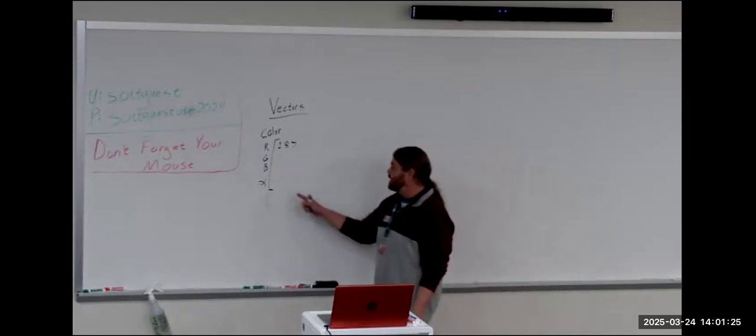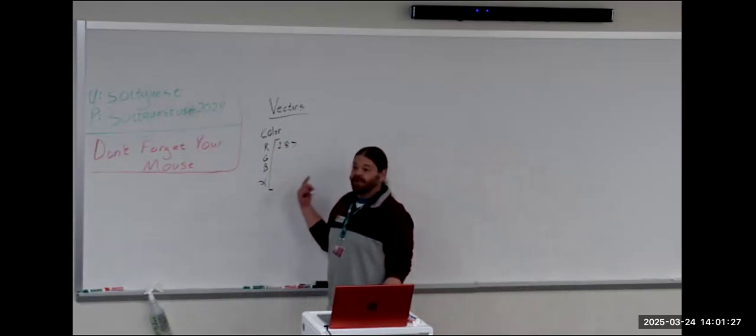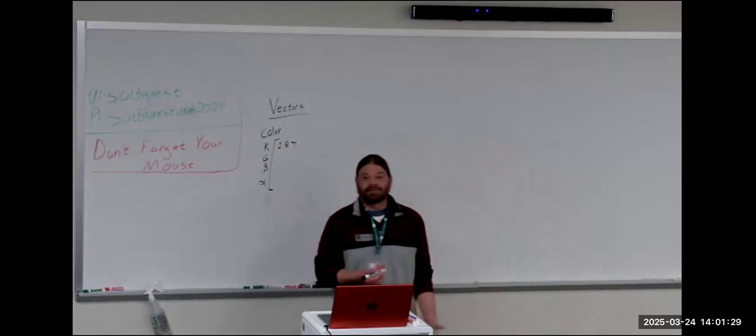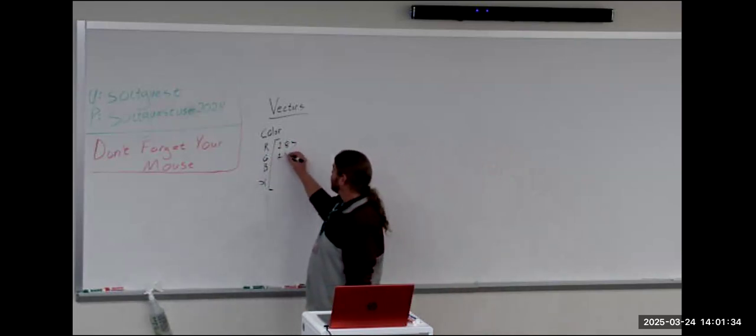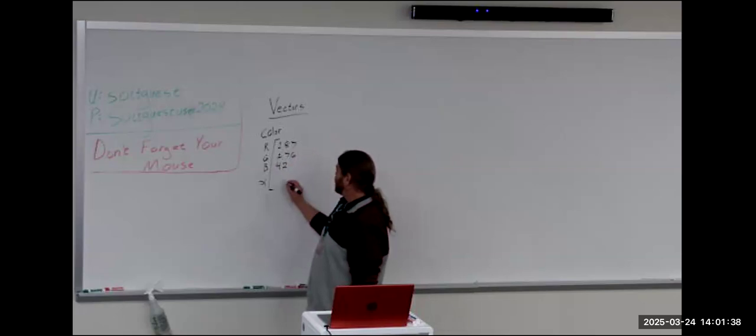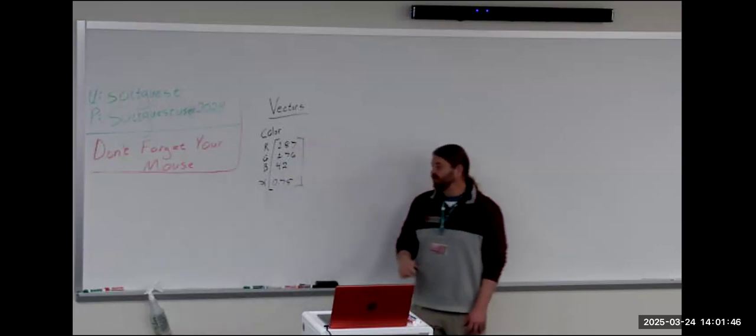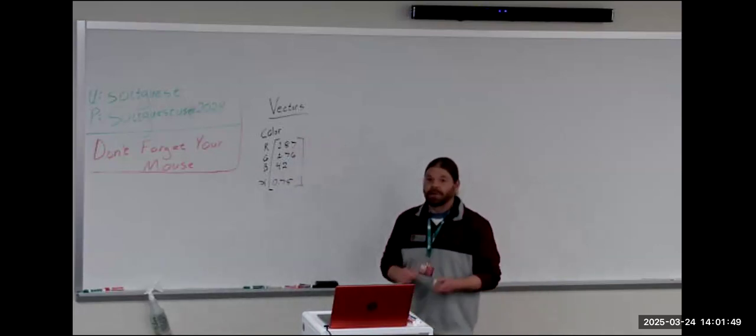So 1.0, 100%, is fully opaque, and 0.0 is fully transparent. 187, 176, 42, and 0.75. If you have that fourth one, it's just a floating point number somewhere between 0 and 1.